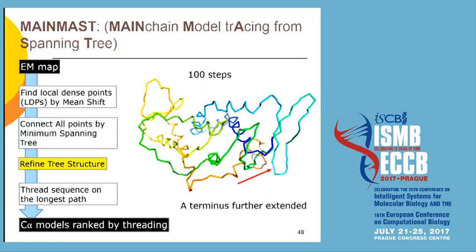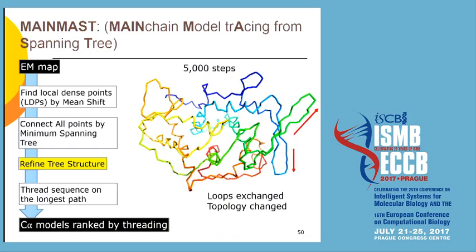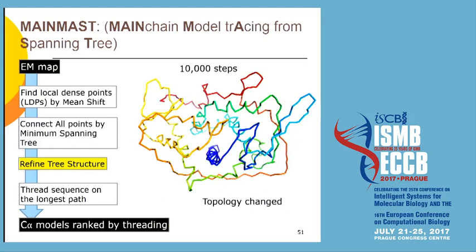Previously, this region was connected, but now it was cut here, and the start and end have changed. And now it's further elongated. And again, the connection is changed. It's not clear which one is correct, but this is just trying to generate lots of different models.